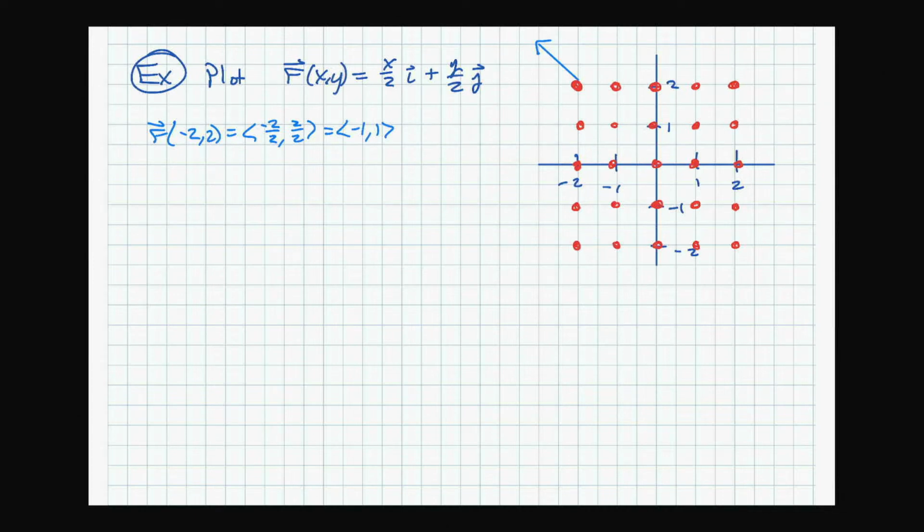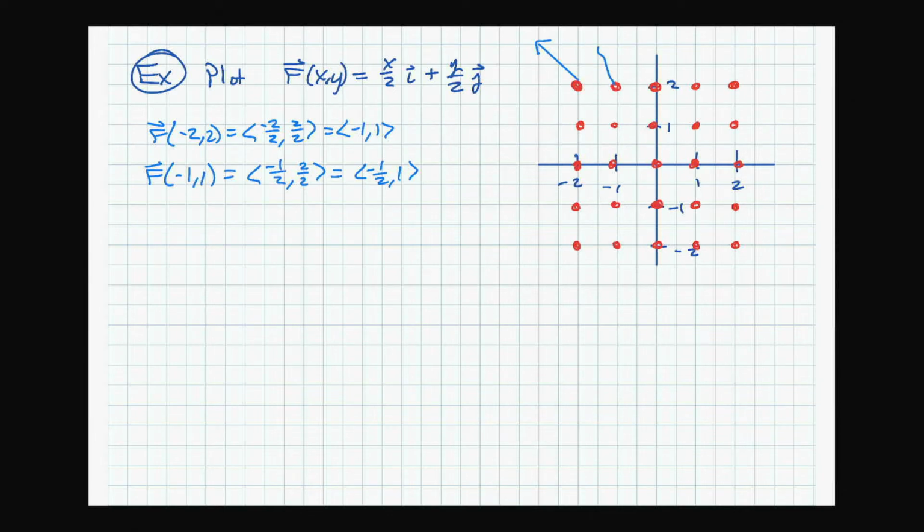So then you go to the next point. F of -1, 1. So that would be -1 over 2, 2 over 2, right? So that is -1/2, 1. So at this point, it's only over 1/2 and then up 1.